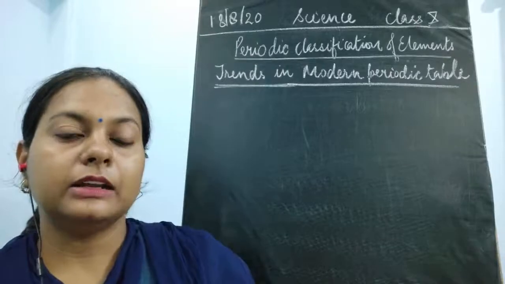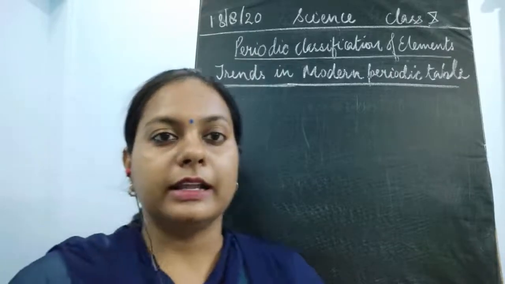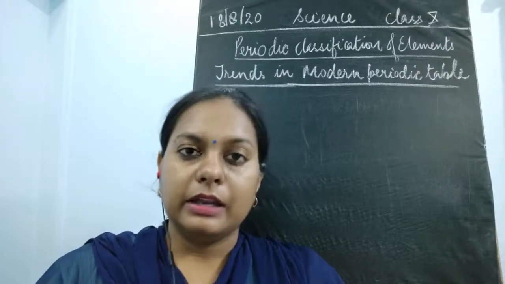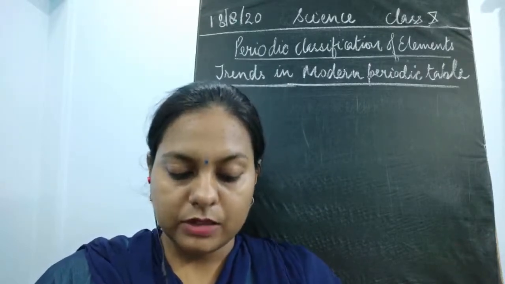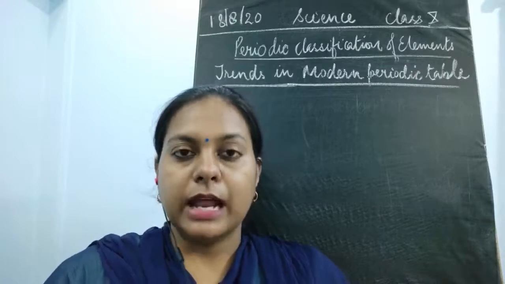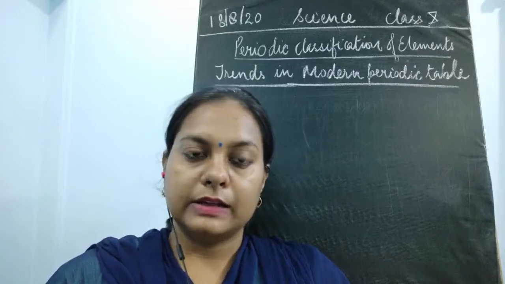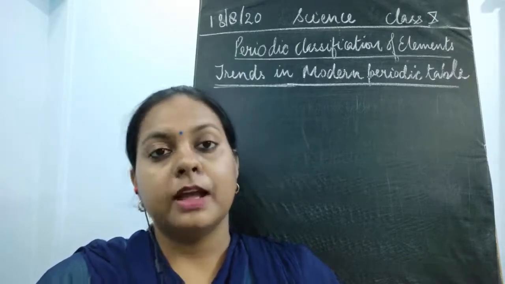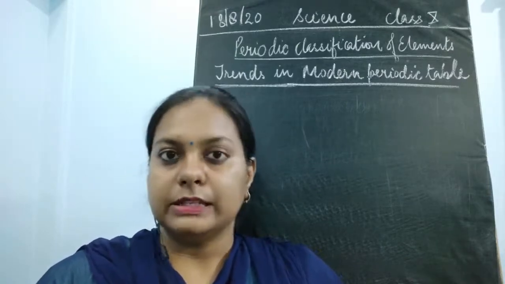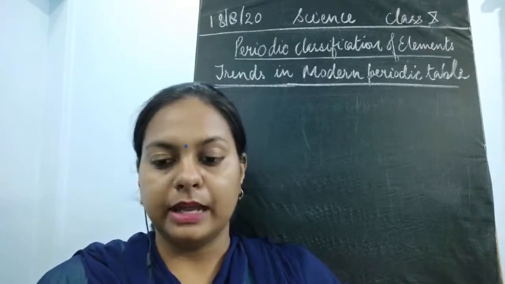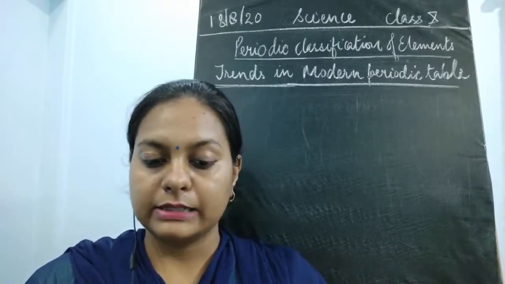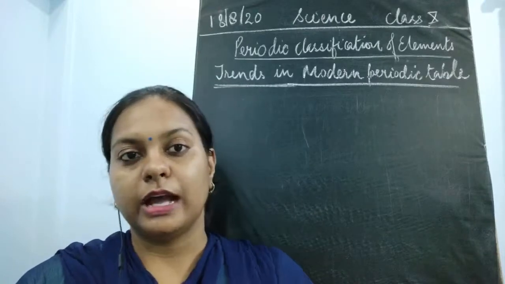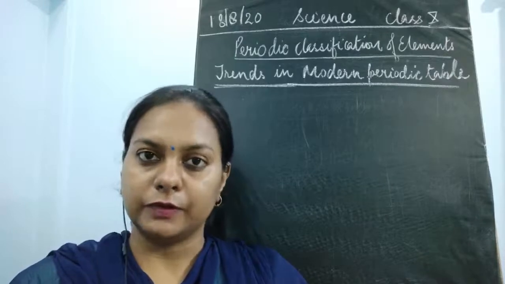Then other scientists also started studying, and they saw that there is a relationship in this atomic mass. The second scientist was Newlands. He also found the concept of a relationship between the atomic masses of these elements, and he found that every eighth element has the same characteristics as the first element.